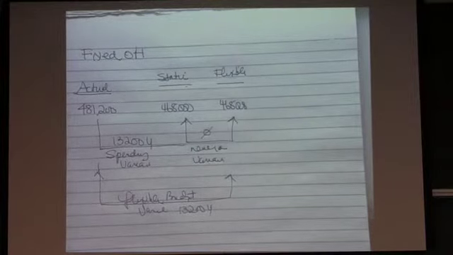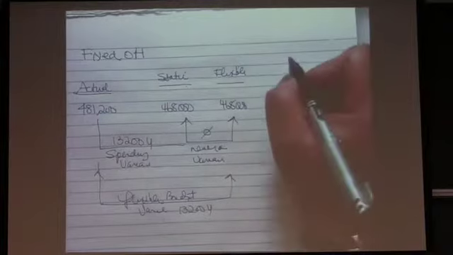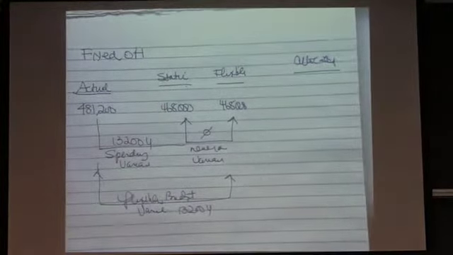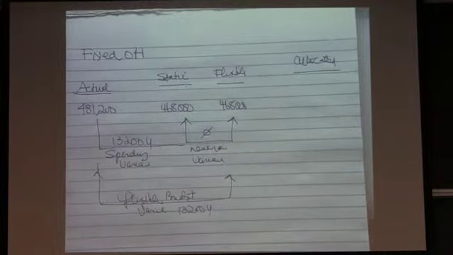Now, we would have allocated the fixed overhead like a variable cost to each unit produced. So we would have allocated. Now, the key is that we need to figure out how do we get to the allocated rate? How do we get to the rate? How do we do that?